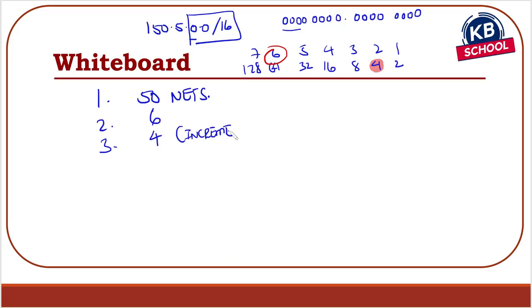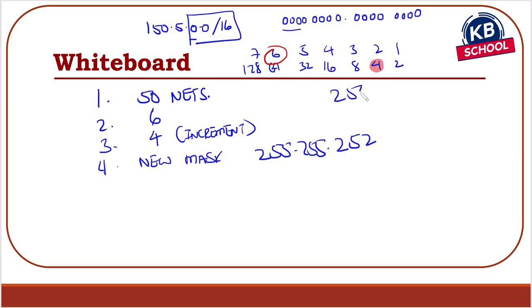Again, following the same 5 steps. Step number 4 is the new mask. Now remember, this is a separate or an extra octet. So 255 was the default. In the third octet, I'm going to say 252. Why 252? 256 minus 4, which is 252.0.